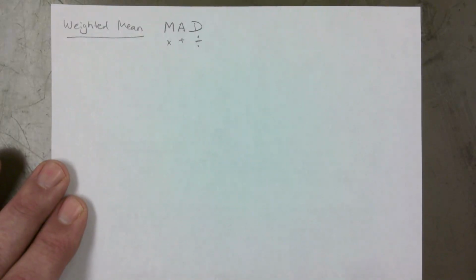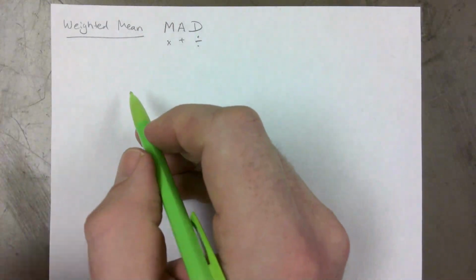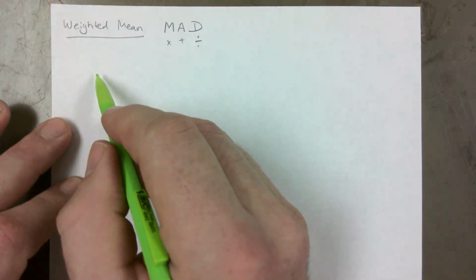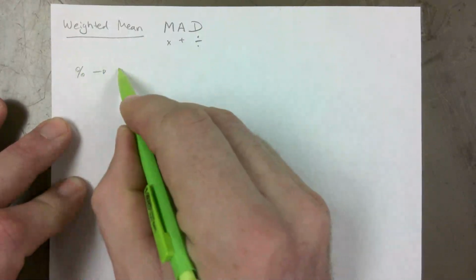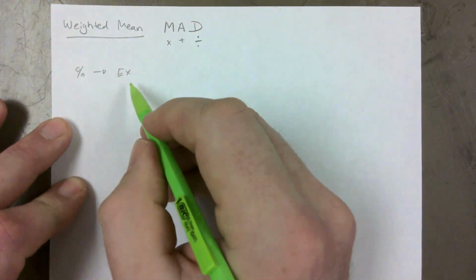When it's percentages, you need to check to see if something adds up to 100. So for example, percentages, here's an example. Before I say example, I'm just going to say percentages.